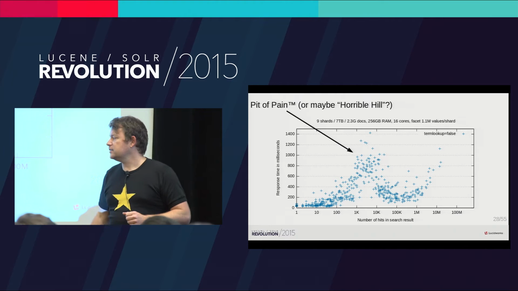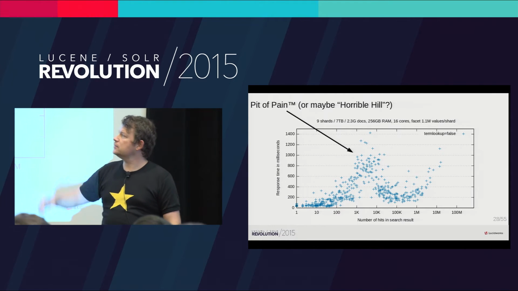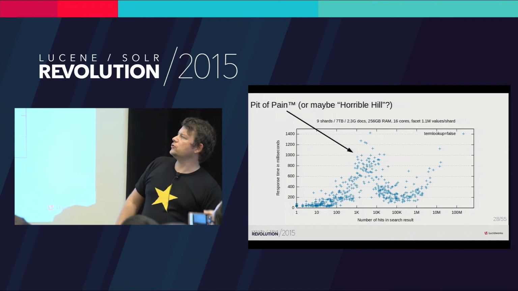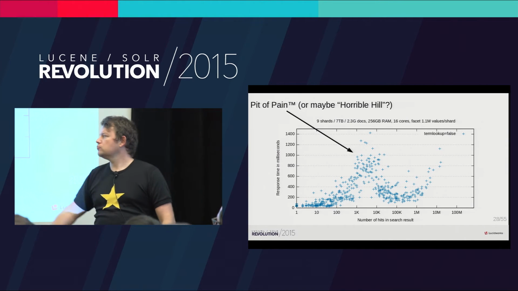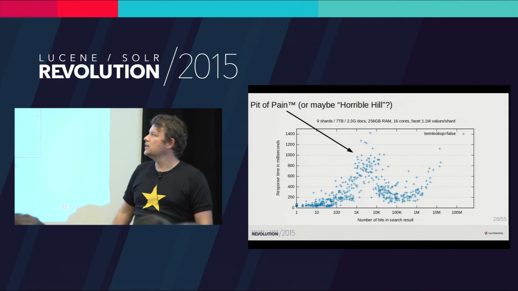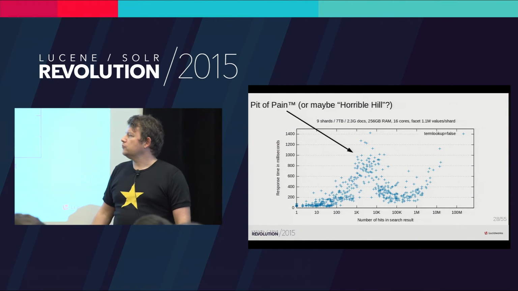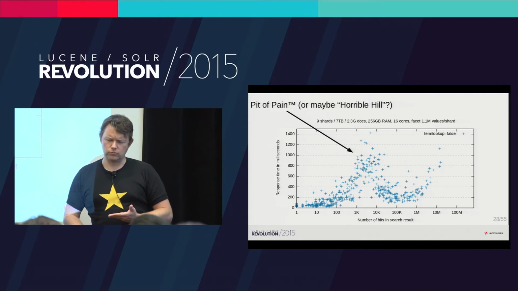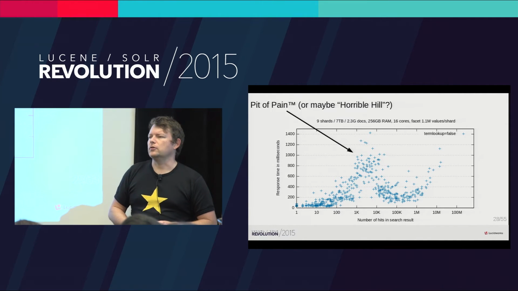Again, x-axis result set size, y-axis response times. And this looks rather strange to me because, around the 1,000 to 10,000 result set size, it takes a long time to respond, and then suddenly it gets faster as the result set size grows. We thought about that for a long time.